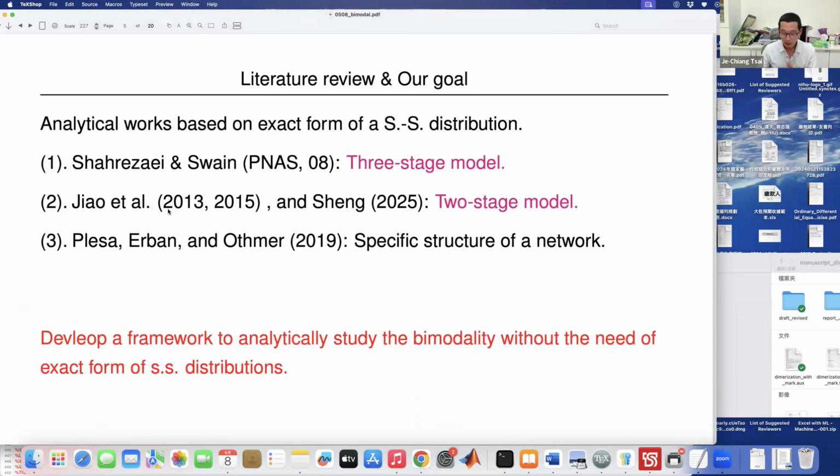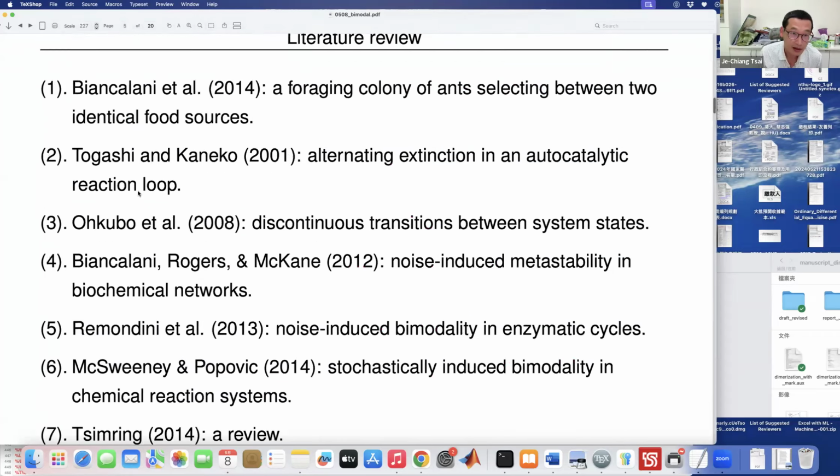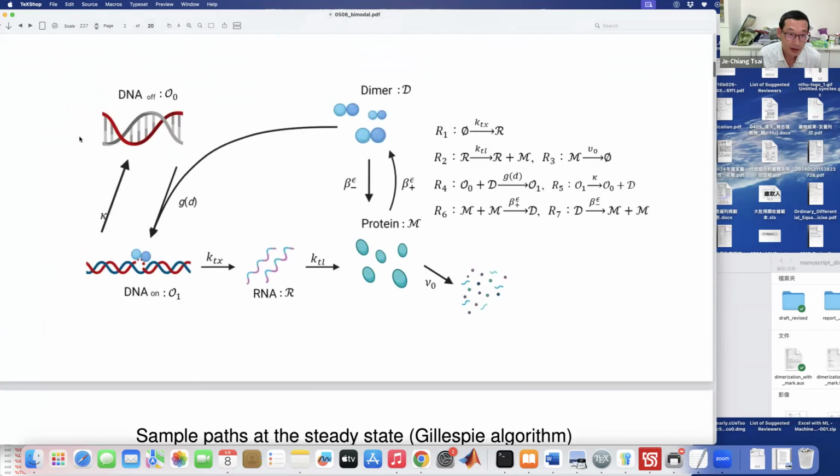To my knowledge, there are very few analytical studies of bimodality in gene networks, and I list three. The first one is a very famous paper published in PNAS in 2008, and they study a very basic three-stage model. Basically, this model is this one without the dimerization process.